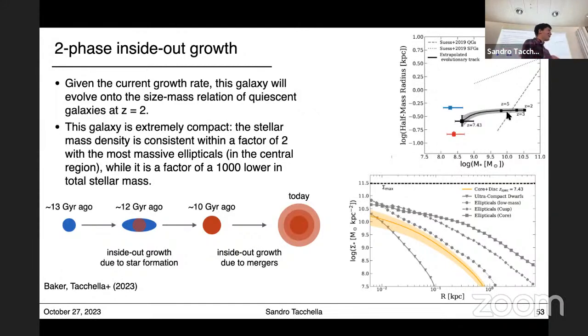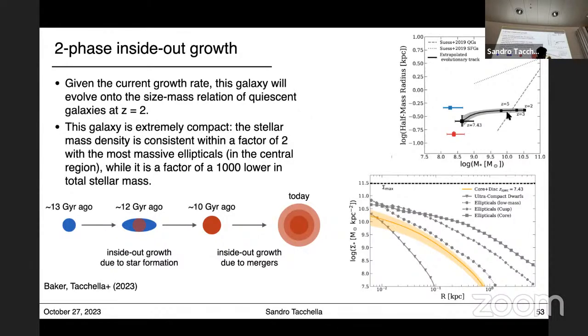But again, more interesting is, of course, this crazy comparison of how much stellar mass has formed in this core. And I show you here the stellar mass surface density as a function of radius. The orange line shows you this redshift 7 galaxy. And the interesting thing is, if you compare this to local ellipticals, you can see that this galaxy formed about a factor of 2 or 3 the amount of stellar mass that you need in the core of such a galaxy.